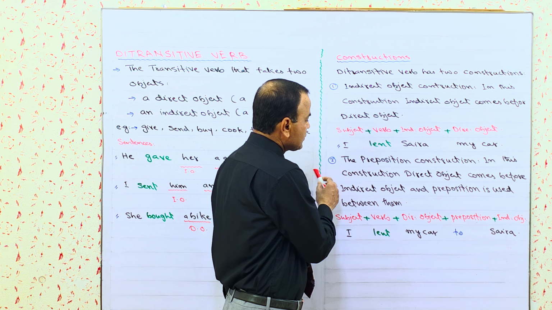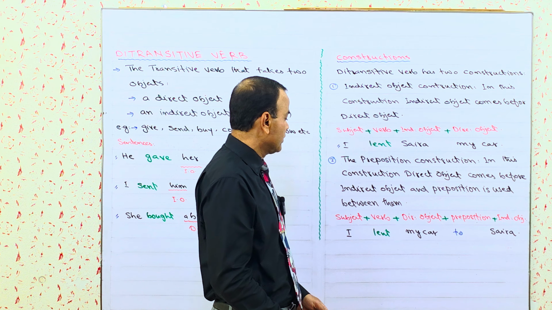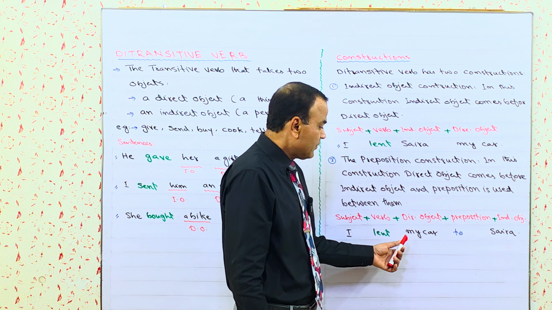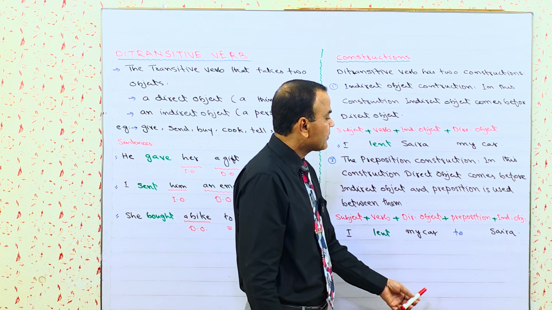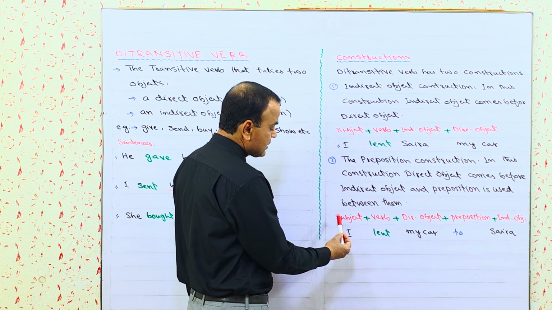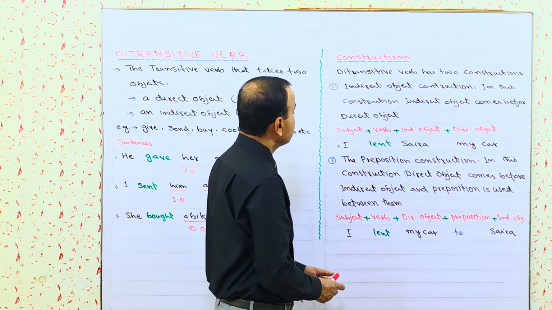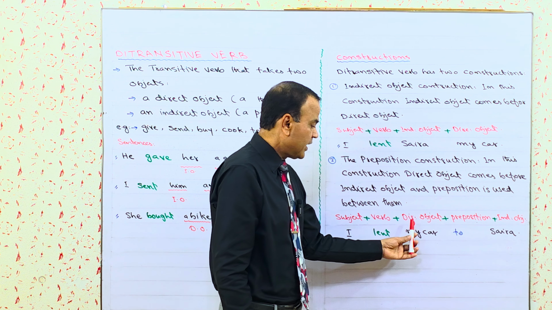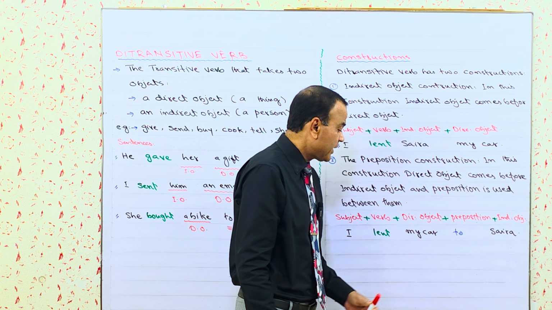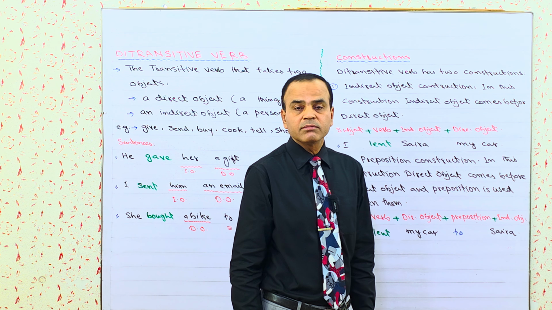The second construction is called the preposition construction. In this construction, we use the direct object first and the indirect object later. So the construction is: we put the subject first and then we use the verb, which is a ditransitive verb. Then we use the direct object, and after the direct object you have to put a preposition.